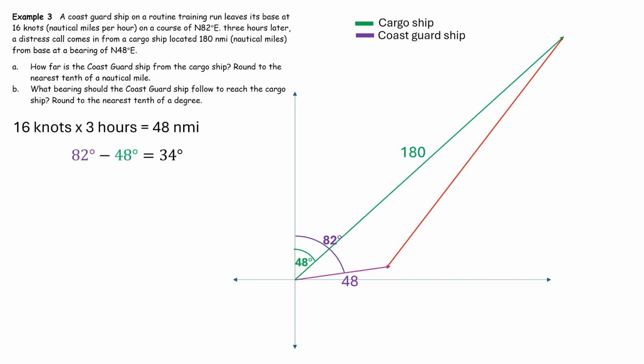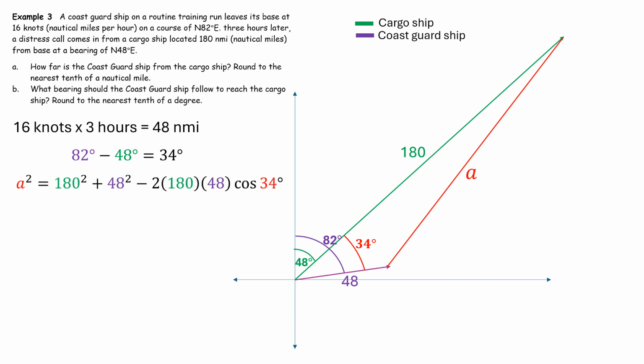And so we need to know the angle inside that triangle that has its vertex at the origin. So that's going to be that 82 degrees minus the 48 degrees, which is 34 degrees. So now that we have that angle, we can find that red side A, because we have two other sides and the angle between them, so we can use the law of cosines.